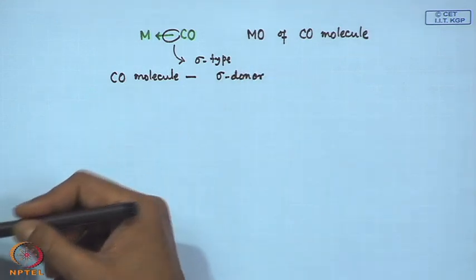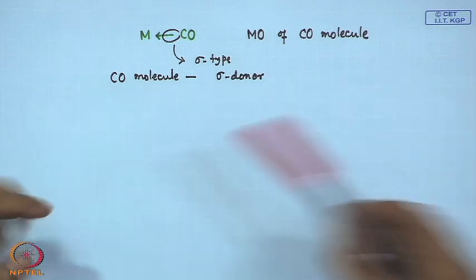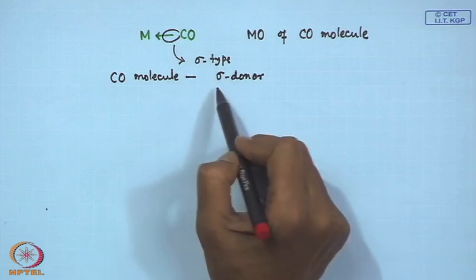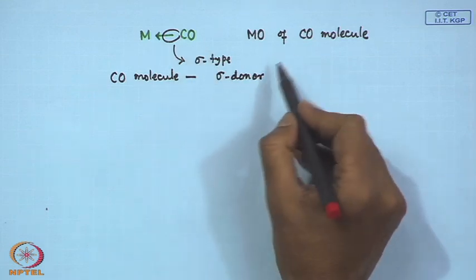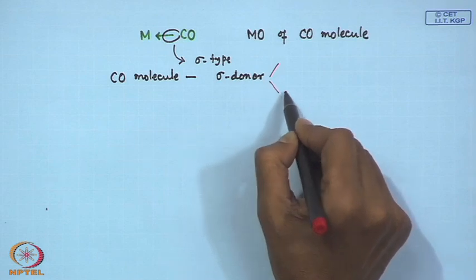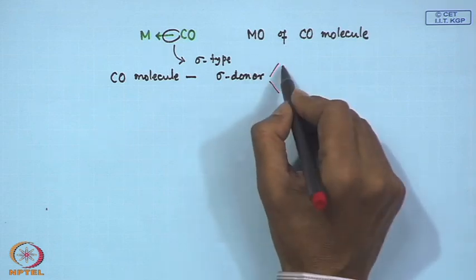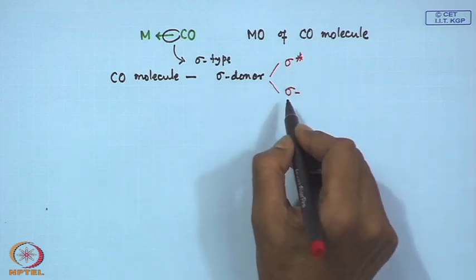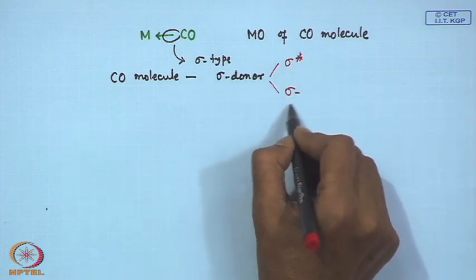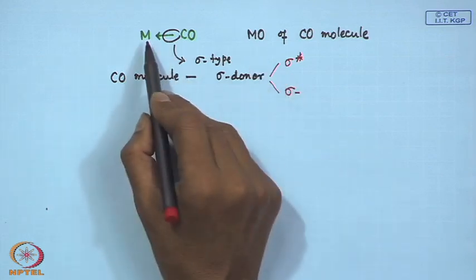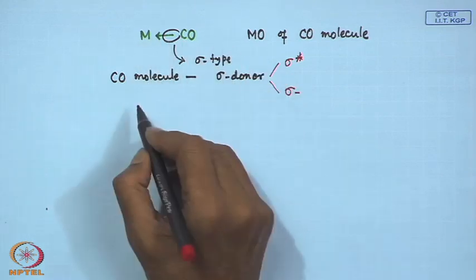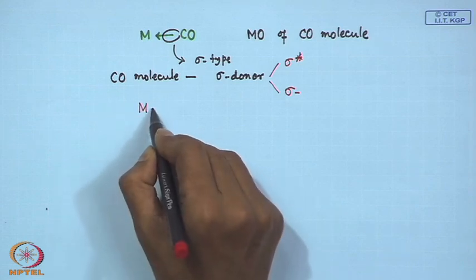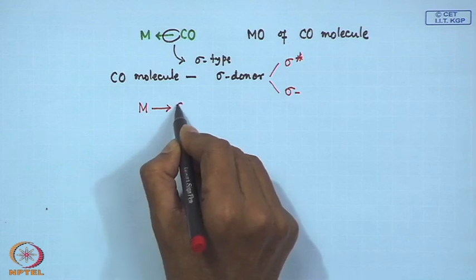When we talk in terms of the corresponding molecular orbital of sigma symmetry, we can place this carbon monoxide molecule for sigma donation, and as a result we can have both the sigma bonding level as well as the sigma antibonding level as the star level, and the electron density from this filled level is being donated to the metal orbital.